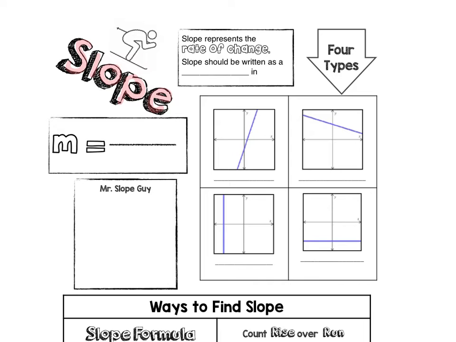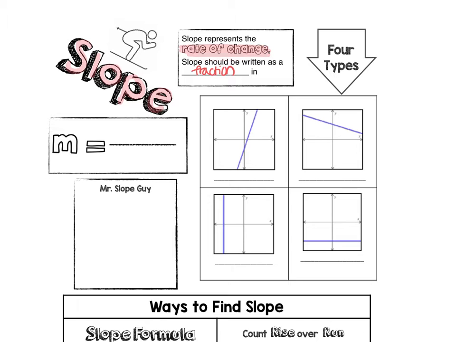Also, it's important to note that the slope represents the rate of change of the line. Slopes should be written as a fraction in simplest form.